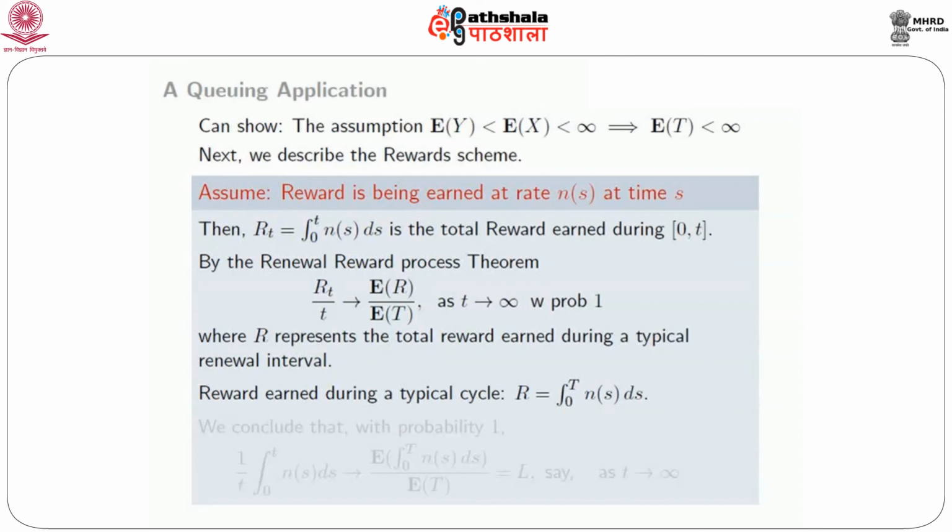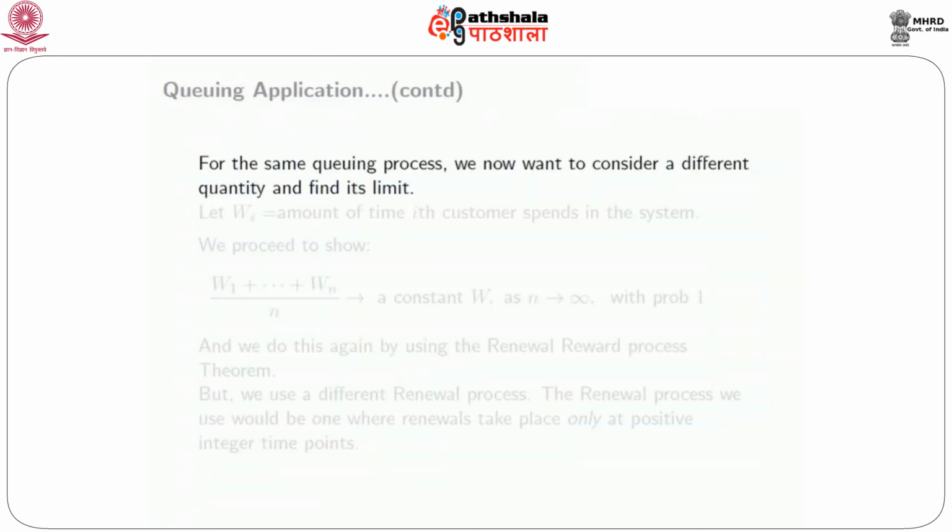So we conclude therefore that with probability 1, (1/t) times the integral from 0 to t of n(s) ds converges to the expected value of the integral from 0 to capital T of n(s) ds divided by the expectation of capital T, which is of course a constant, as t goes to infinity.